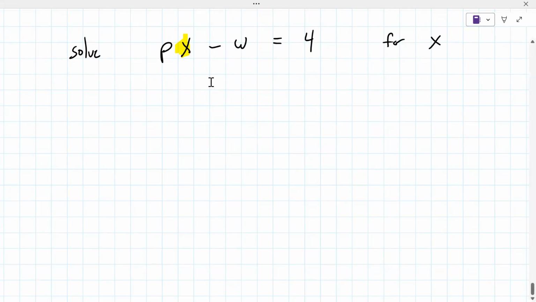Yeah, so you're going to add w to both sides, for example. That would be px equals 4 plus w. You're adding, they are not combinable. They're just 4 plus w.